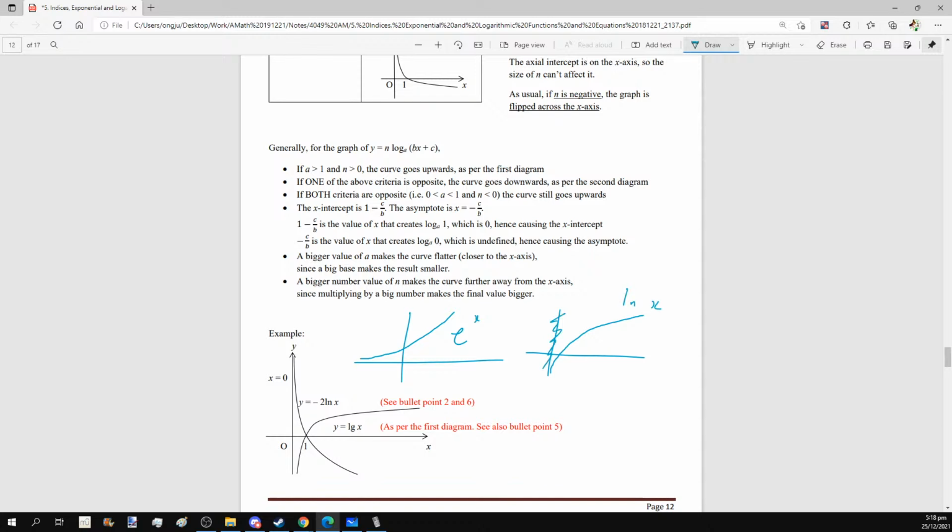So the logarithm position has flipped as well. Sorry, the exponential and logarithm graphs have asymptotes, but the asymptotes themselves have also flipped. Of course, this also means that your y-intercept will now turn into an x-intercept. So I'll leave you to read the details here by yourself.